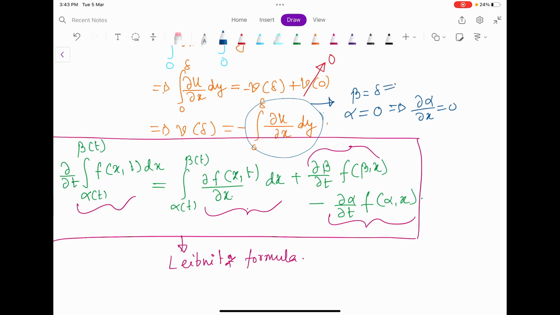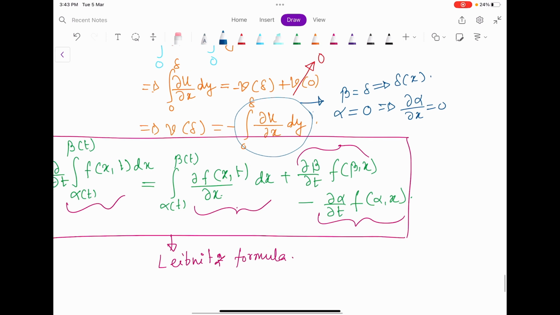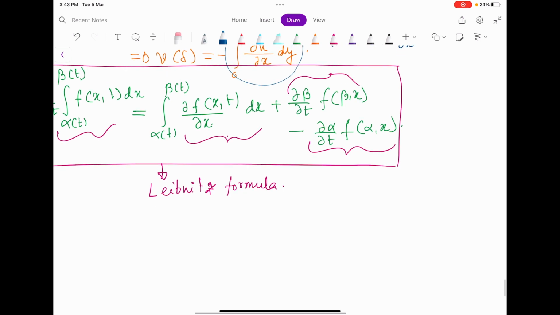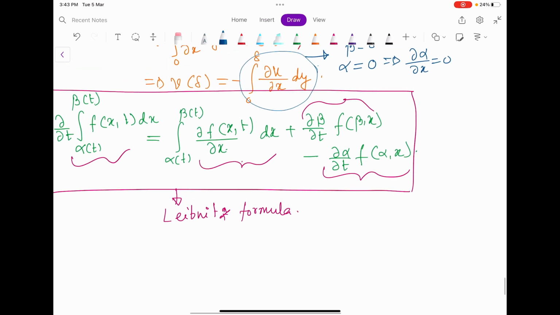Now delta is a function of x, obviously. With x the boundary layer thickness will change. Let me write it. Okay, del u del x dy from 0 to delta is analogous to this term. So this will be, I can now write this as d dx, because after putting the limits it will be only a function of x.